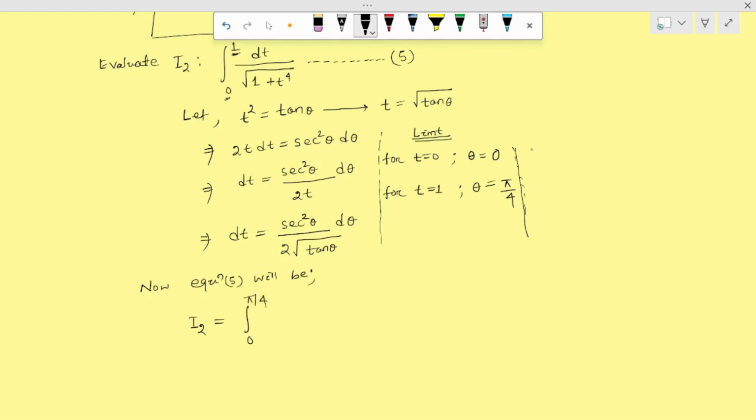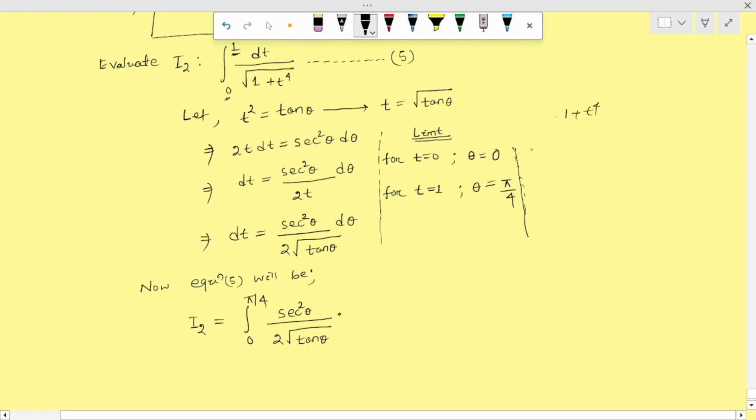Okay, the value of dt is sec square theta d theta divided by 2 into root over of tan theta, into 1 by 1 plus t to the power 4.